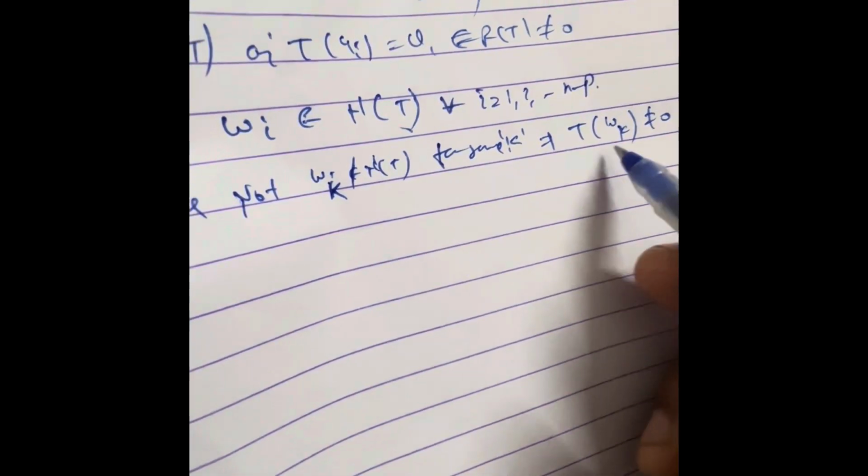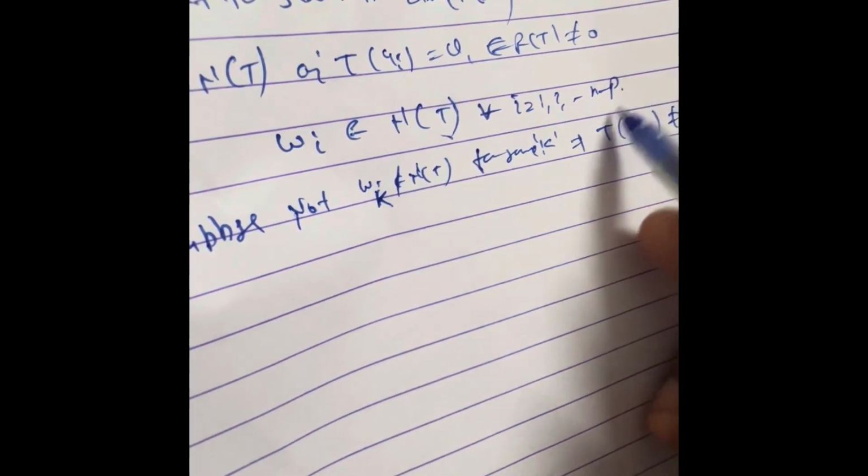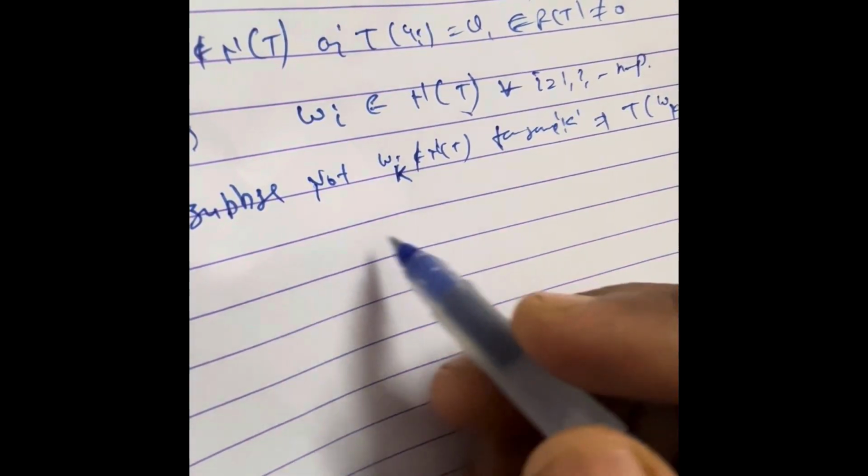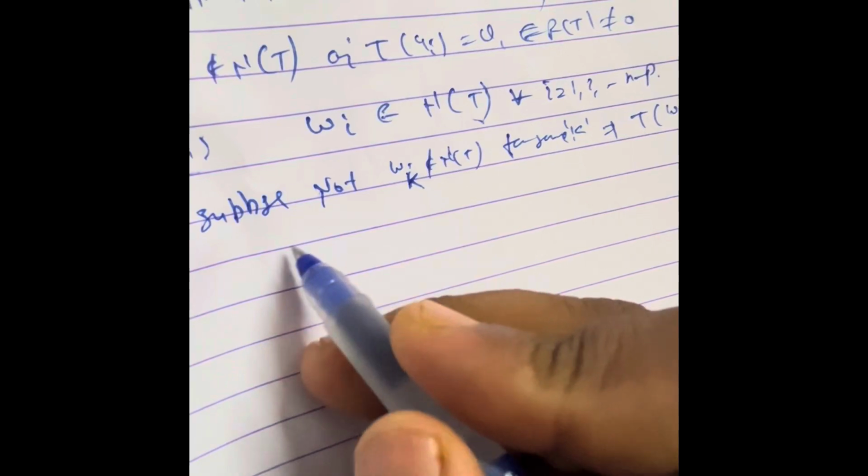But then where would it be? This would be in the range, and therefore this vector has to be spanned by the basis of the range space.